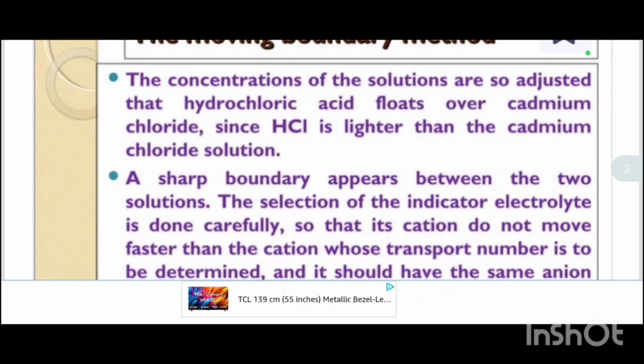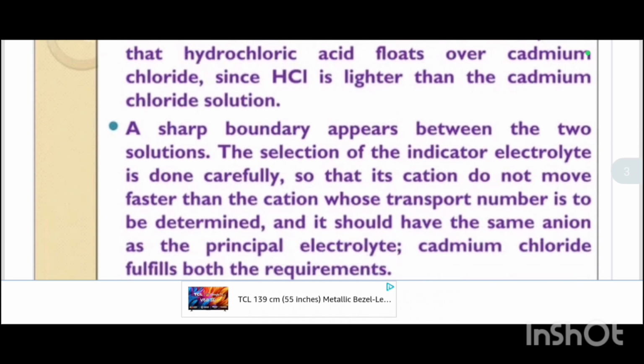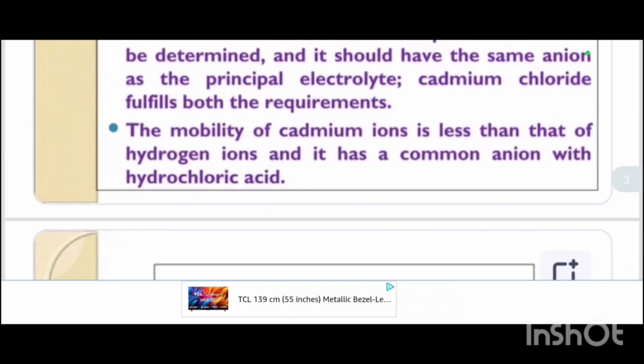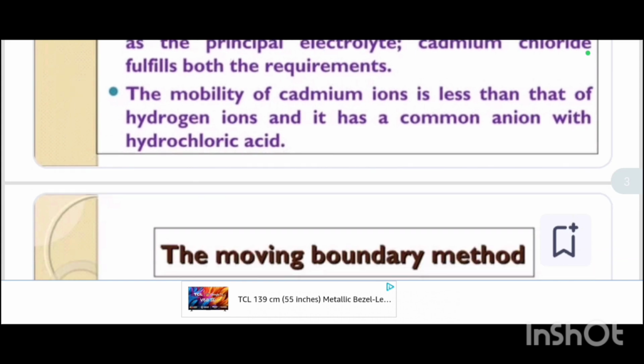The indicator electrolyte is selected carefully so that its cation does not move faster than the cation whose transport number is to be determined, and it should have the same anion as the principal electrolyte. Cadmium chloride fulfills both requirements. The mobility of the cadmium ion is less than that of the hydrogen ion, and it has a common anion with the hydrochloric acid.